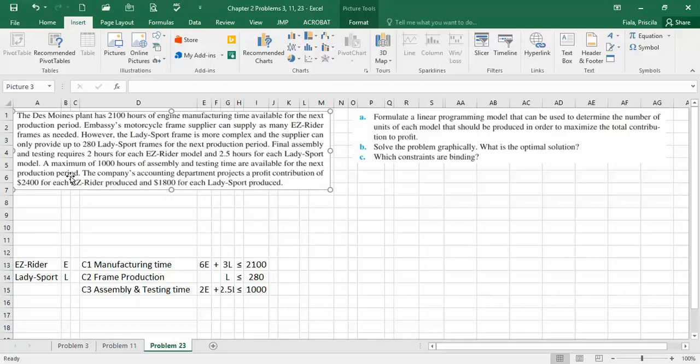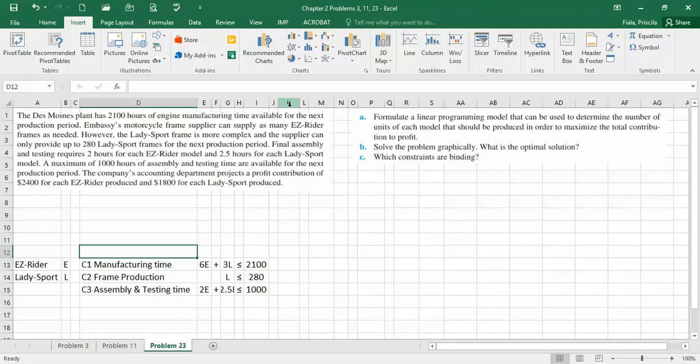They're trying to maximize their profit, and they expect 2400 for each Easy Rider and 1800 for each Lady Sport produced. Therefore, our objective function is going to be: you're trying to maximize 2400 for the Easy Rider plus, I'm going to fix that, 1800 for the Lady Sport.